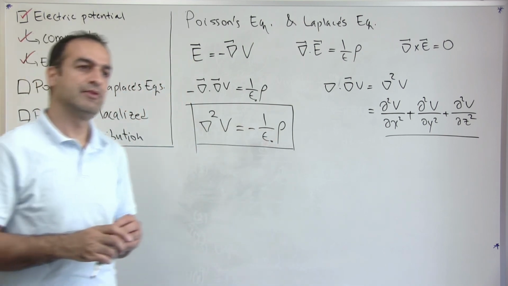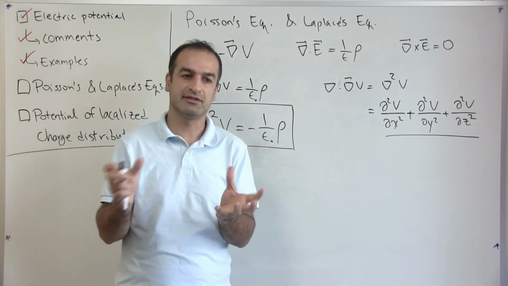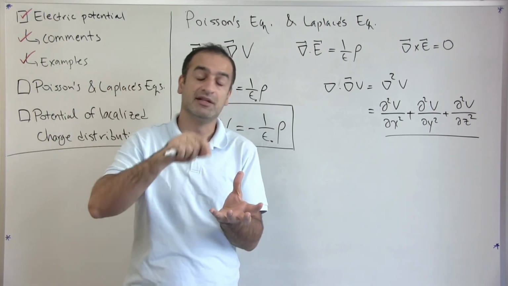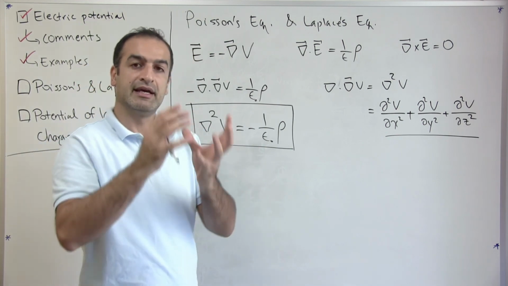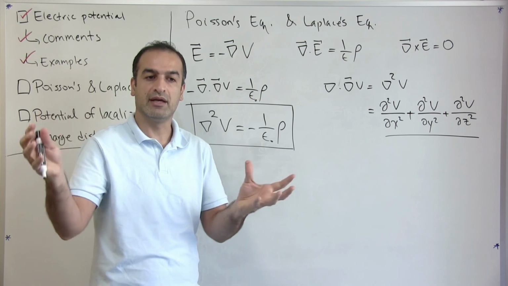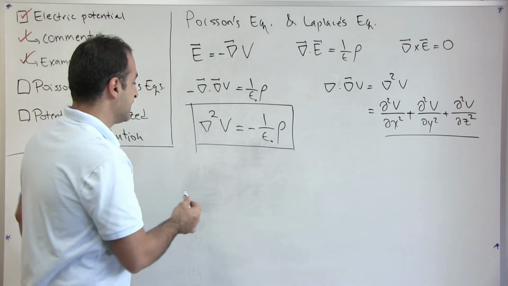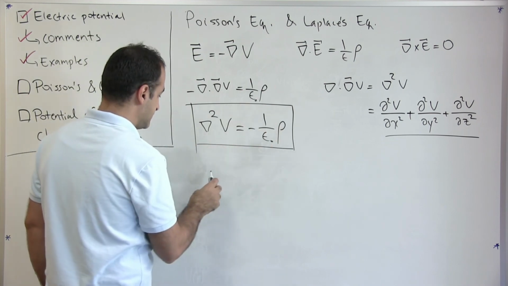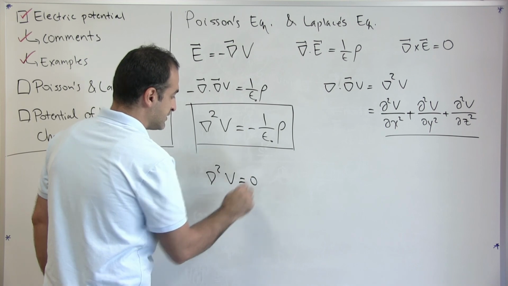What happens more often than not is you have a charge distribution, but you are not interested in calculating the electric field or potential inside the charge distribution, but at certain points that you are away from the charge distribution. And that happens very often. If you are away from any charge distribution, the Laplacian of V is always 0.